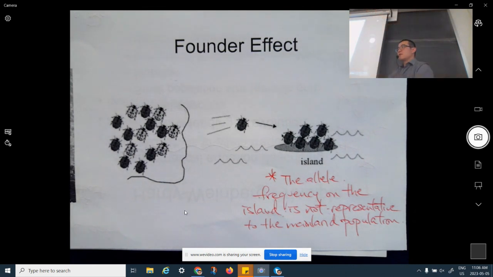But with this one, you are talking about just because certain individuals from the main population go to an isolated area and settle and populate. So in this case, after X number of generations, how the population looks on the island compared with the mainland would be significantly different. And that's how you explain that.